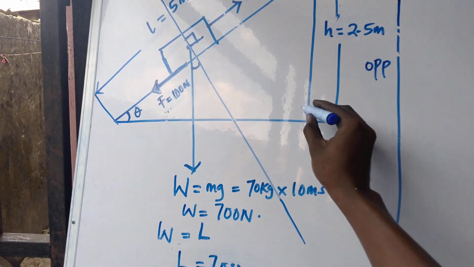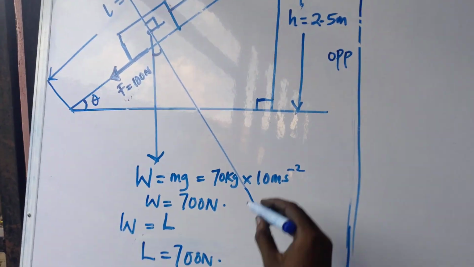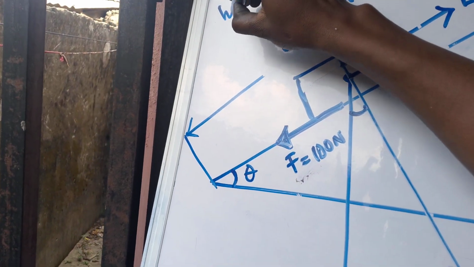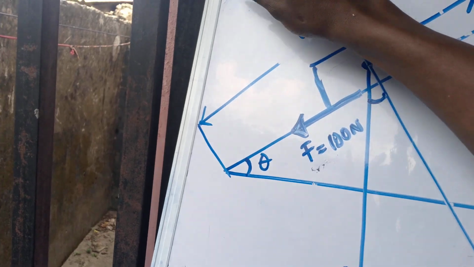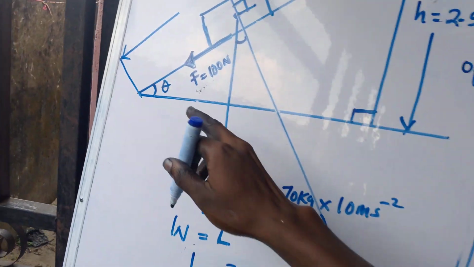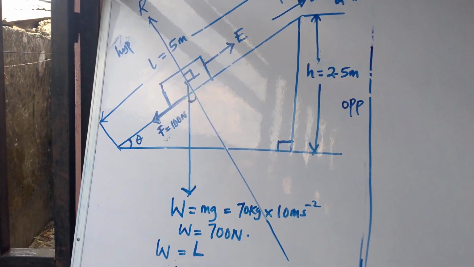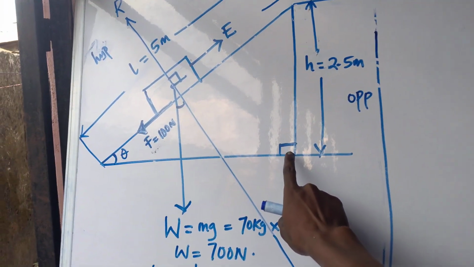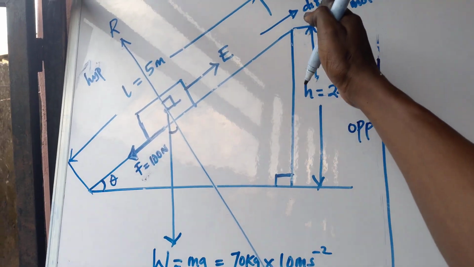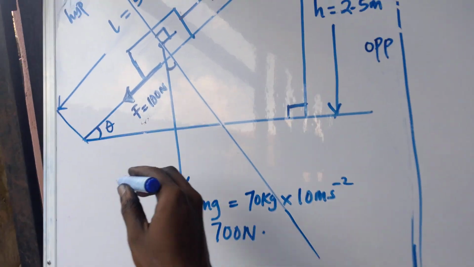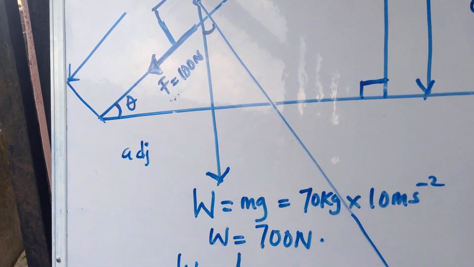And if here is 90 degrees, then this side will be my hypotenuse side. For a right angle triangle, the hypotenuse side always faces the angle 90 degrees, and the side that faces the angle of inclination is the opposite side. And that means here is adjacent.